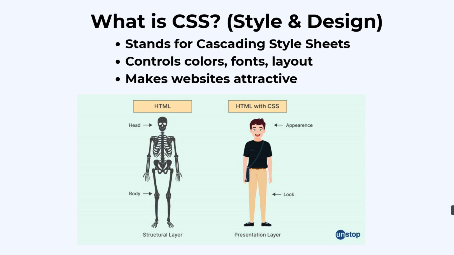Just black text on a white screen is really boring, so CSS adds colors to your website. As you can see in the image, HTML is just a skeleton, a structural layer, whereas HTML with CSS is a presentation layer, where it adds the looks and the appearance.